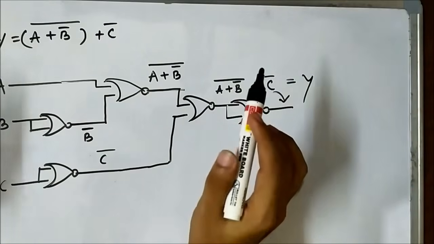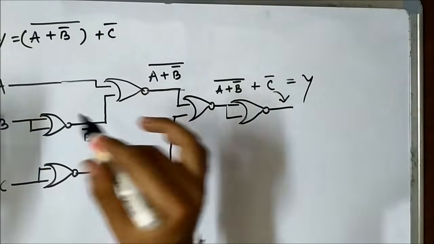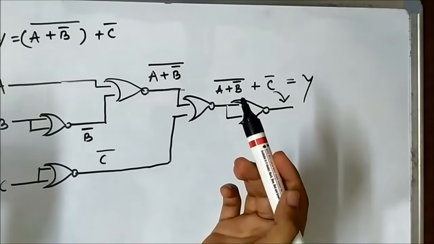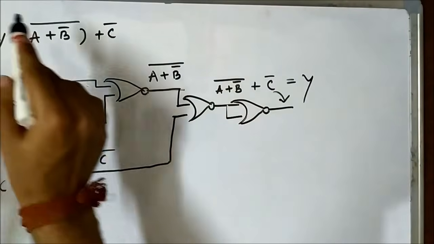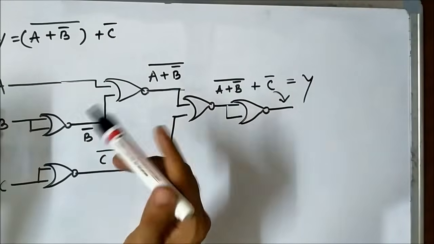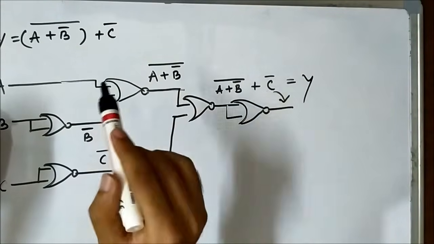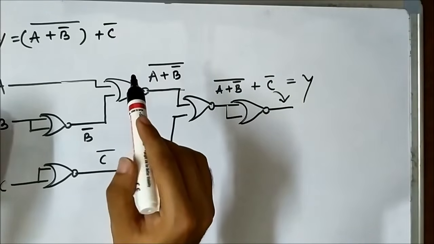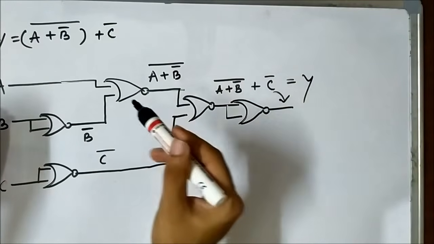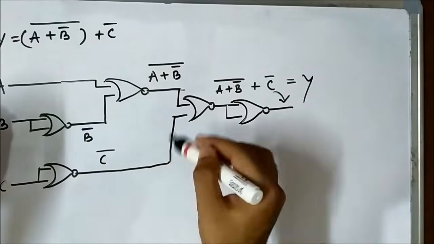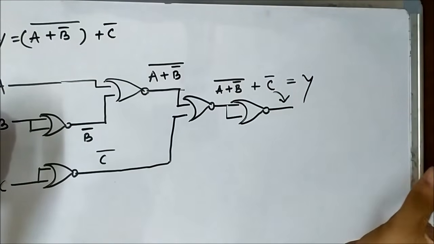So the basic idea behind this whole implementation using universal gates, same as in NAND gates: first you have to see the whole expression, then you have to figure out a way in which you can modify the expression, basically using De Morgan's theorem, in a format that can be implemented using the required universal gates.